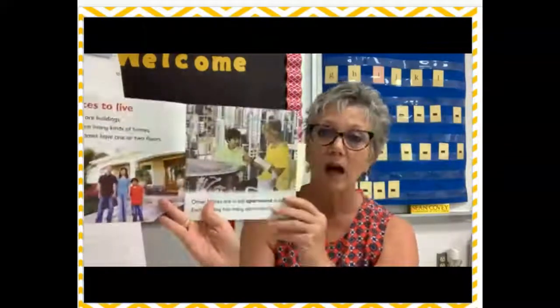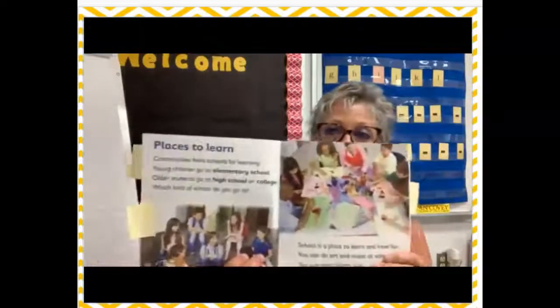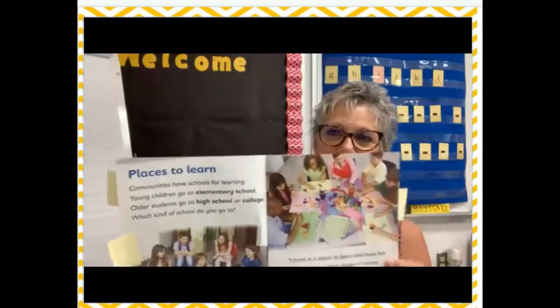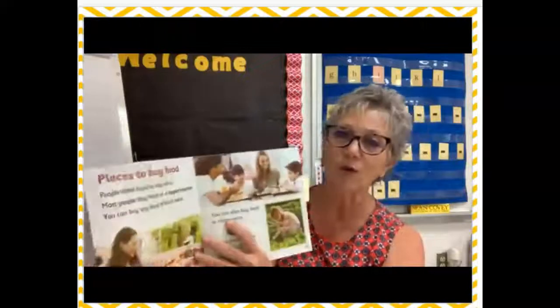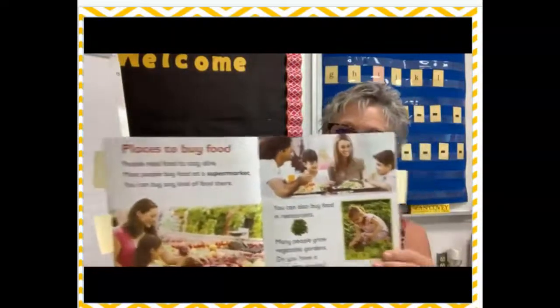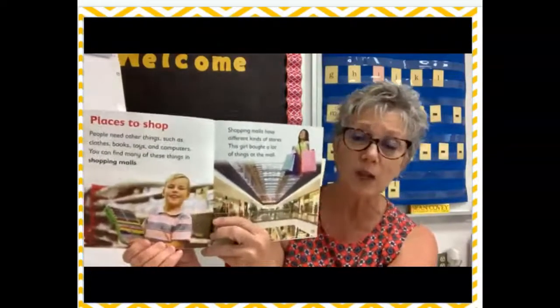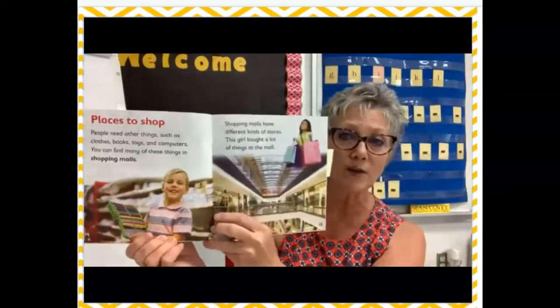We have homes and places that we live. We also have schools where children go to learn. We have grocery stores where we can go buy our food. We have places to shop where we can get school supplies or buy clothes.